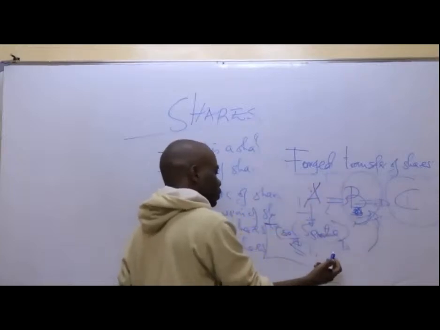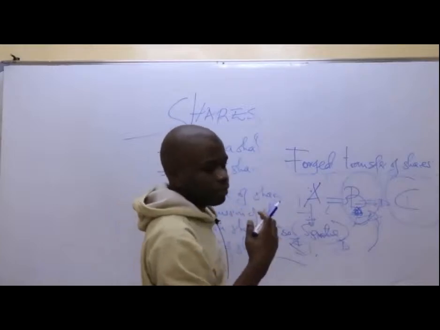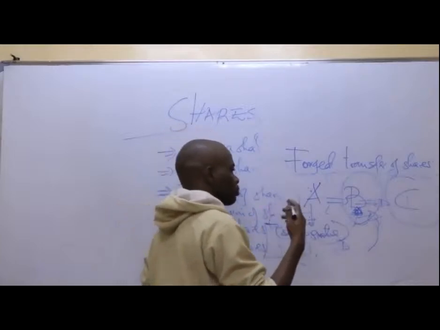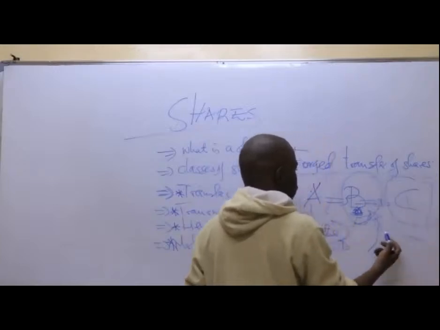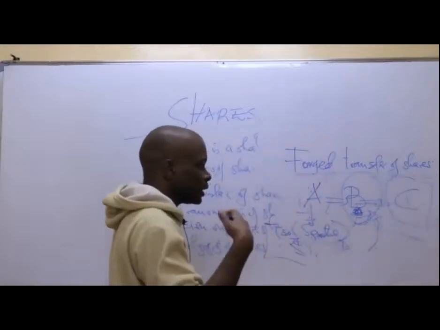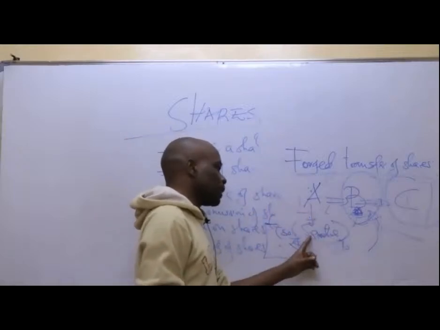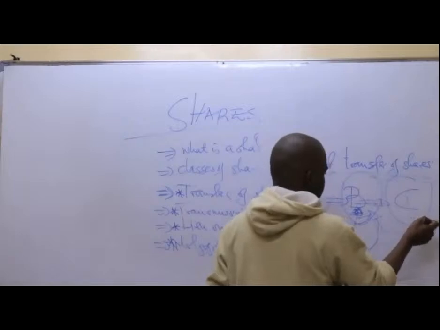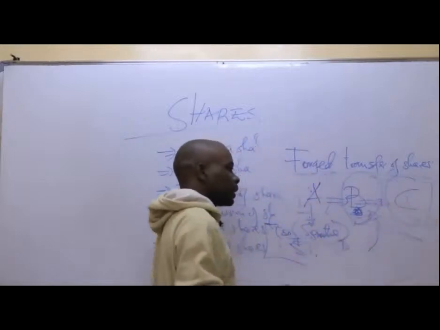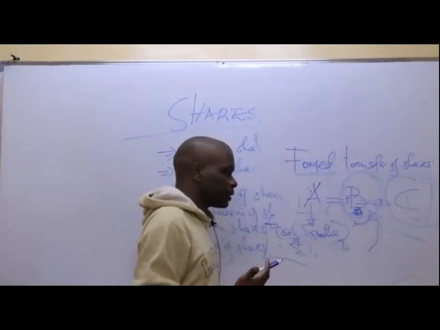Yes, he will, because any forged transfer of shares does not matter even if this person acquired the shares innocently in the company or in the open market. Originally the shares moved from the original owner through a forged transfer. Party C won't be entitled to the shares because any forged transfer of shares is null and void and will never pass title.